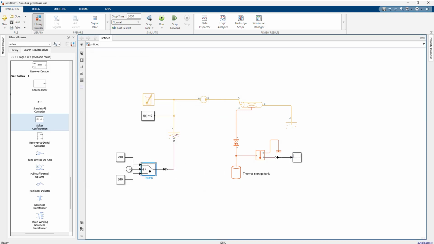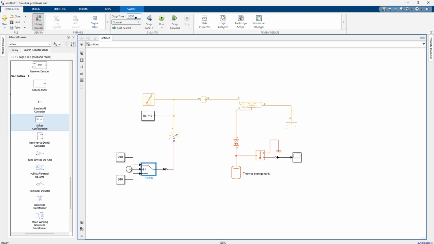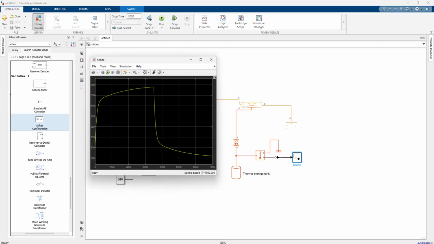Even we can change the threshold and set it to, for example, 3500. Set the time to 7000. Okay.